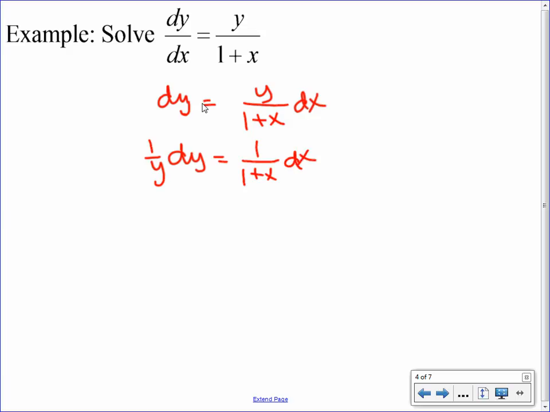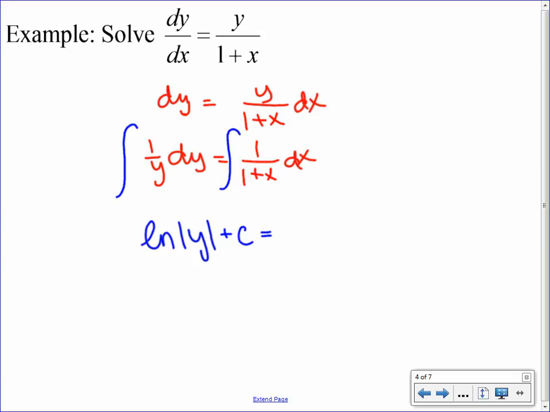Okay. So from here, we are going to integrate both sides. On the left side, what do we have? Natural log of what? Okay. Plus c, right?